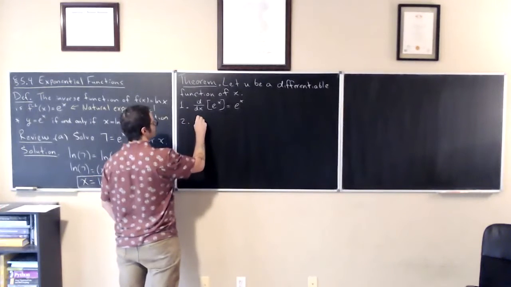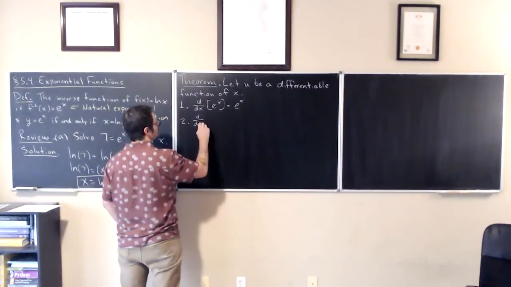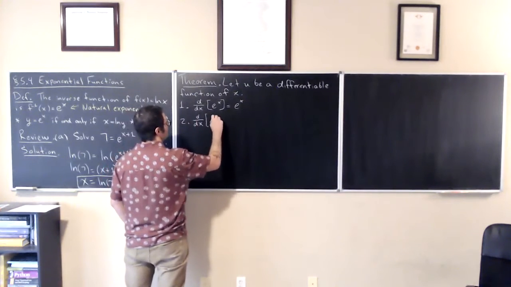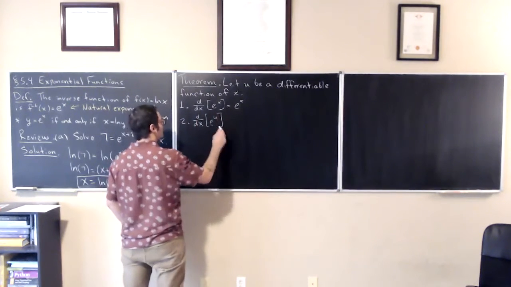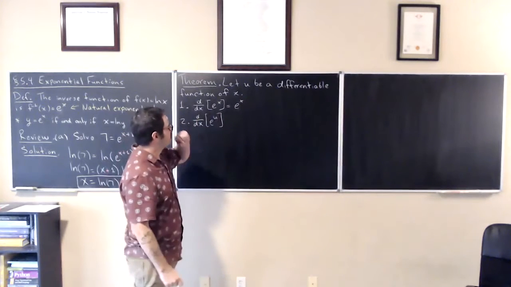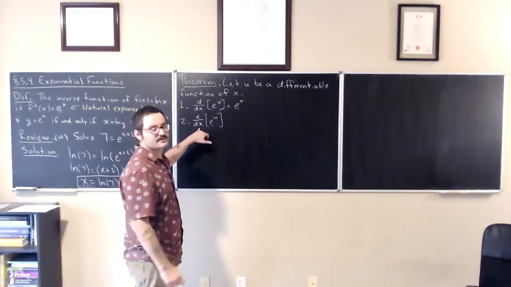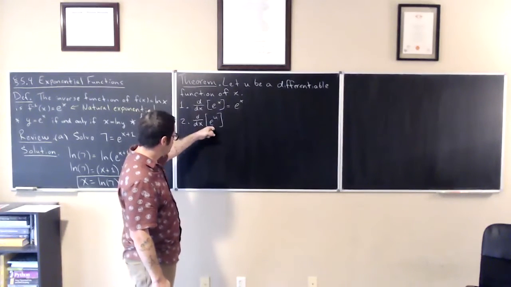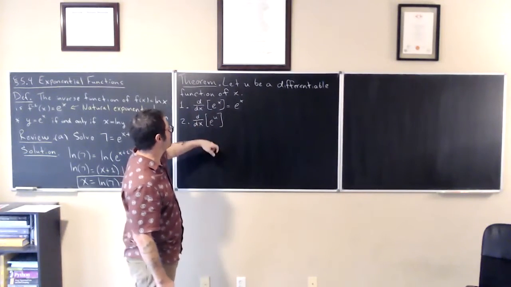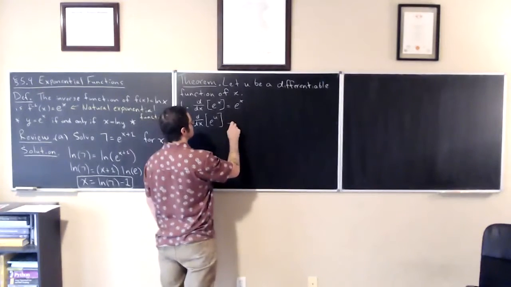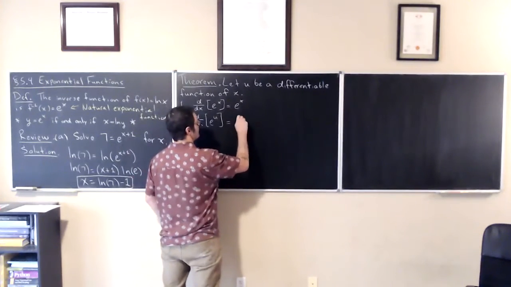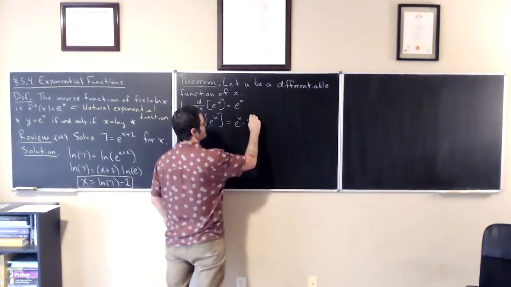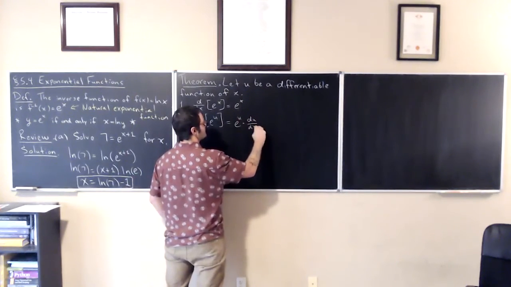Part 2, the derivative with respect to x of e to the power u. Well, u is a function of x, and we're taking the derivative with respect to x. So this is going to be the derivative of the outside, which is e to the power u, times the derivative of the inside, du dx.